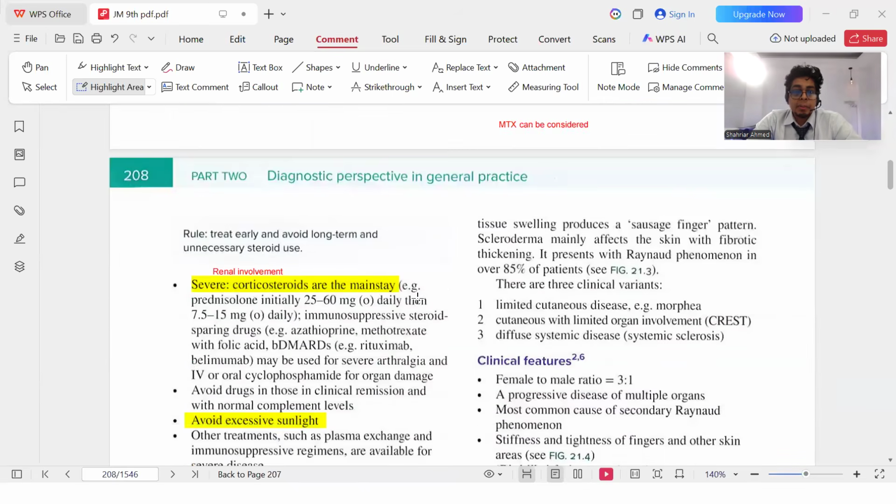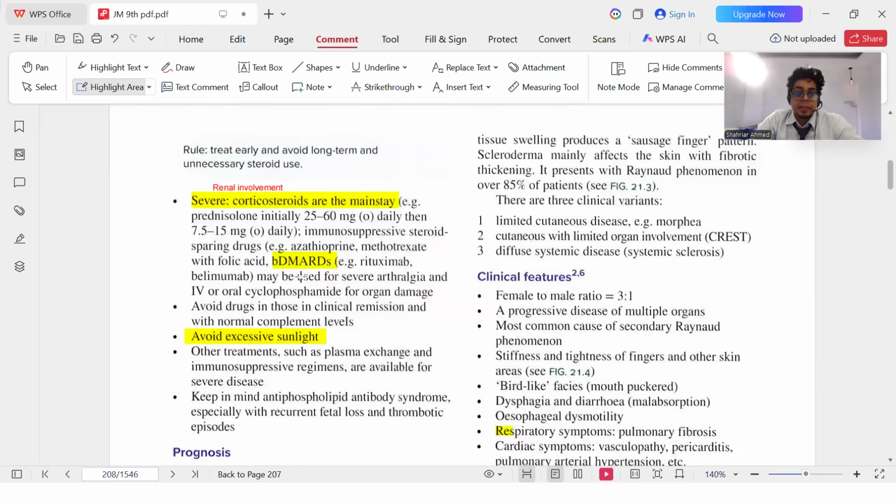Now, for the very serious, severe cases, of course, steroids. Steroid is actually for acute flare-ups, but I'm talking about the DMARDs. DMARDs are given when we understand it is severe. Please write it down: renal involvement.